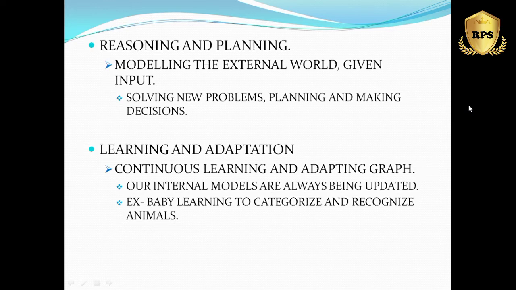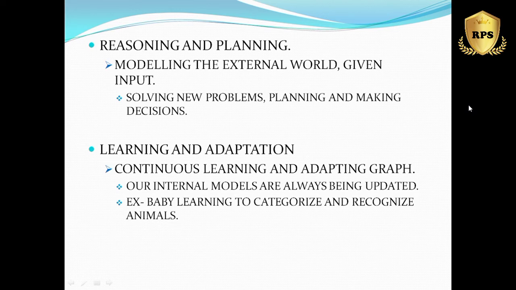Then the last feature is learning and adaptation. This totally depends upon the intelligence definition which I have told you, that we are learning from something and then adapting it in our day to day life, by experience.